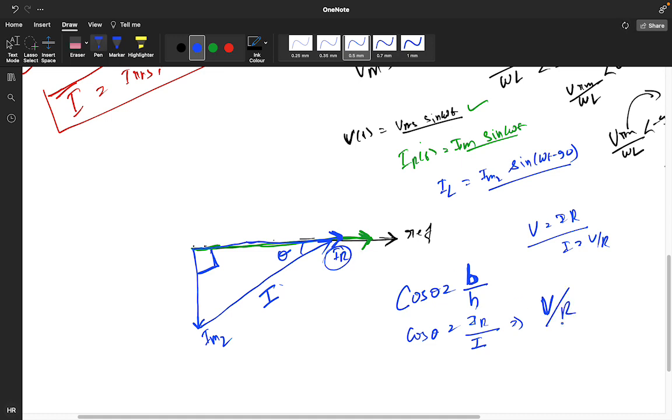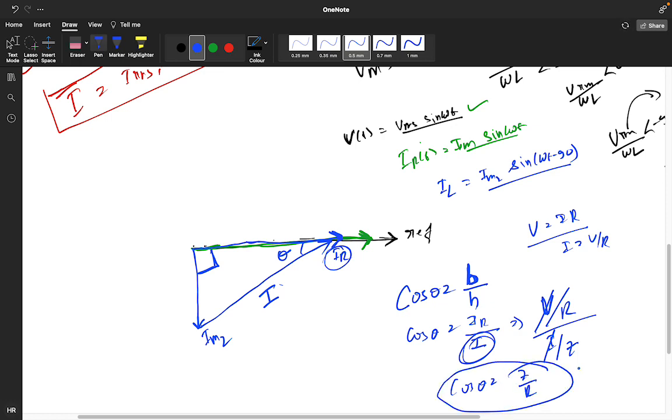So V upon R divided by the overall I, which is V upon Z. So you will get cos theta equals Z by R for a parallel network, right? This part is clear, or any doubt?